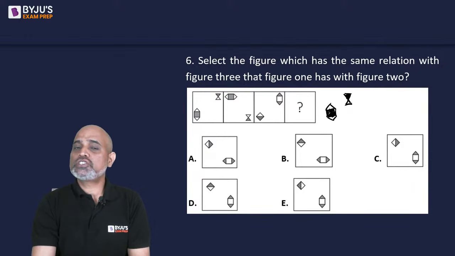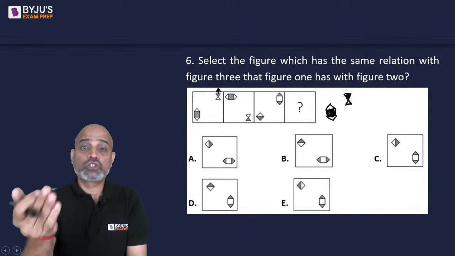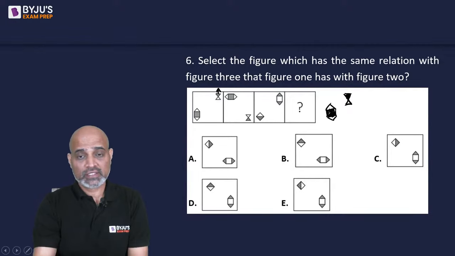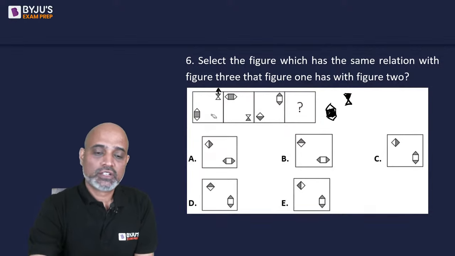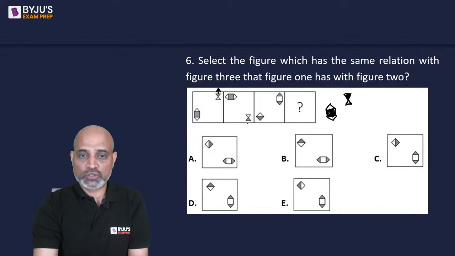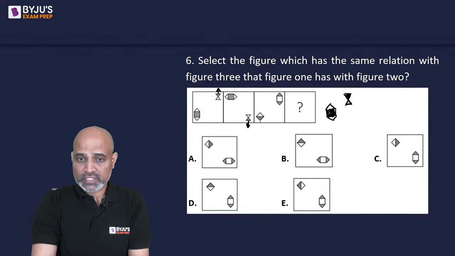So for a figure which is not symmetrical, what happens is, if the shaded portion is facing or is closer to the side, where the non-shaded portion is away from the bottom side, then it should be facing towards the side. So when it goes down, it's facing towards the side. If you look at this particular diamond shaped figure, it is facing the side, right?